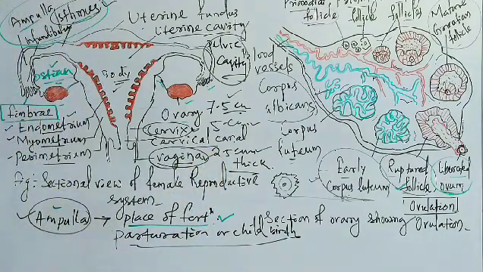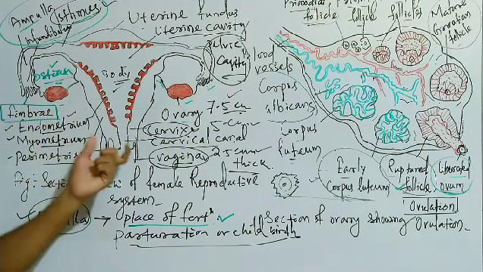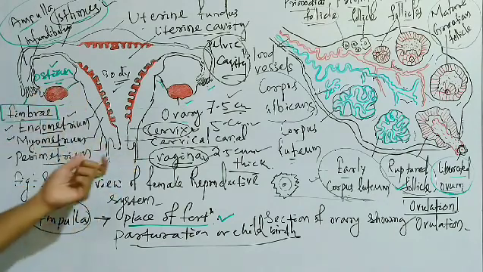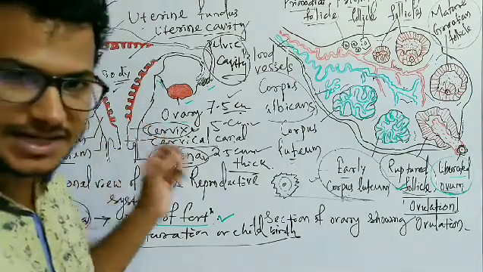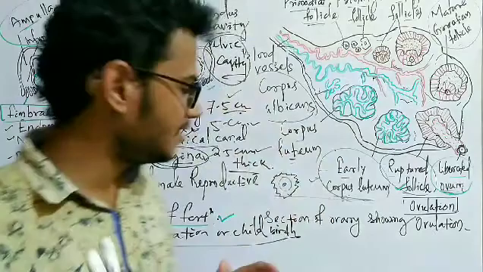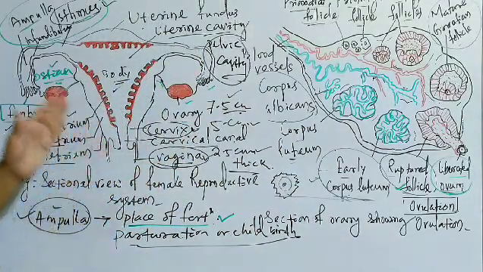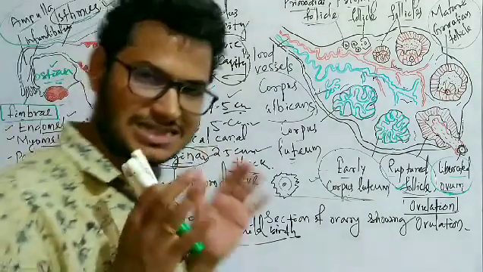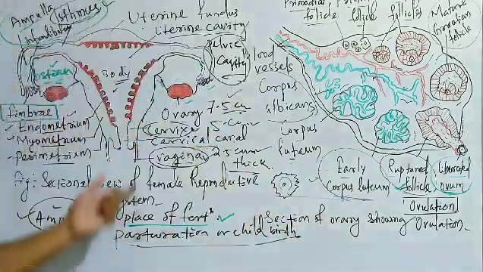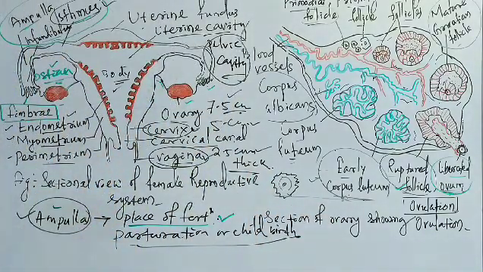So it is the genital organ. The uterus opens into the vagina. It is an elastic muscular structure, and it is the copulatory organ of the female, through which the penis, the copulatory organ of male, enters during copulation, and the sperm or the semen is ejected out into the vagina.